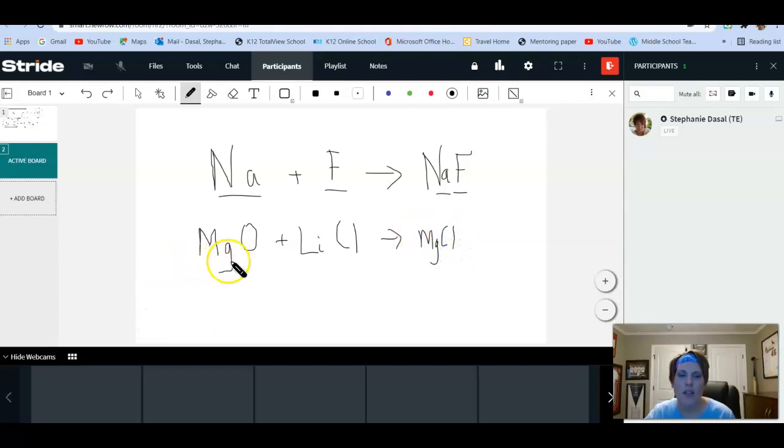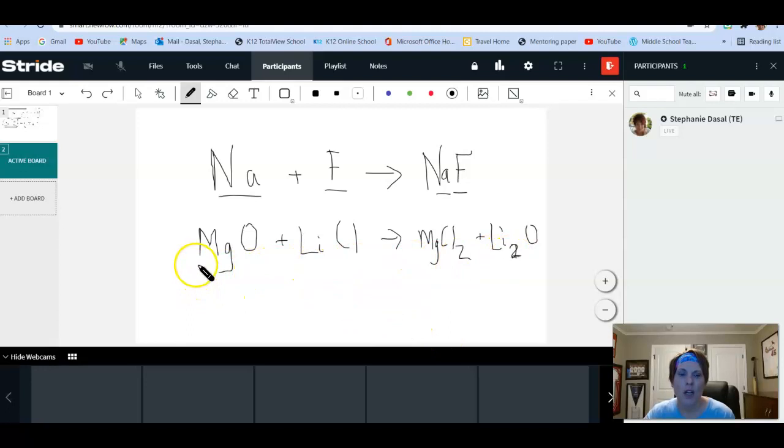So again, the atoms of these molecules going in have split, and they are going to regroup with the opposite. So we have magnesium chloride and lithium oxide. Okay, so at this point, we do not have 2 plus 2 equals 3 plus 1.